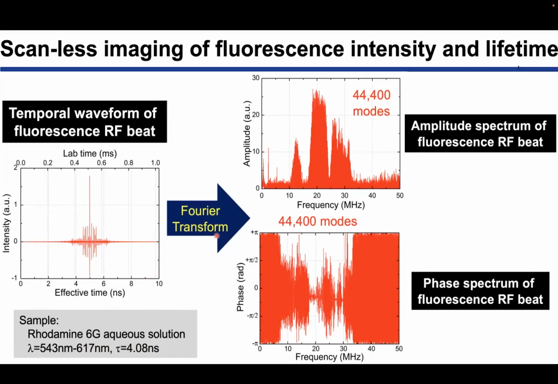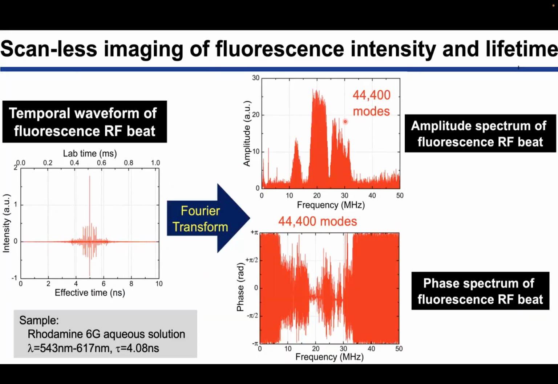Then the Fourier transform of this temporal waveform gives the amplitude spectrum and the phase spectrum of the fluorescence RF signal. Both spectra contain 44,400 modes, respectively. This value corresponds to the total number of image pixels in the reconstructed image.